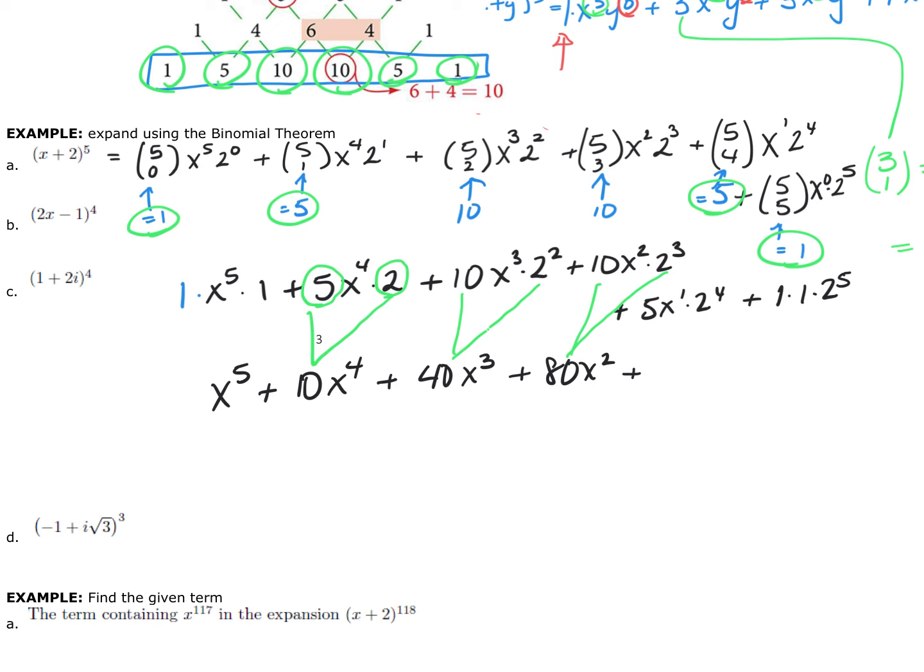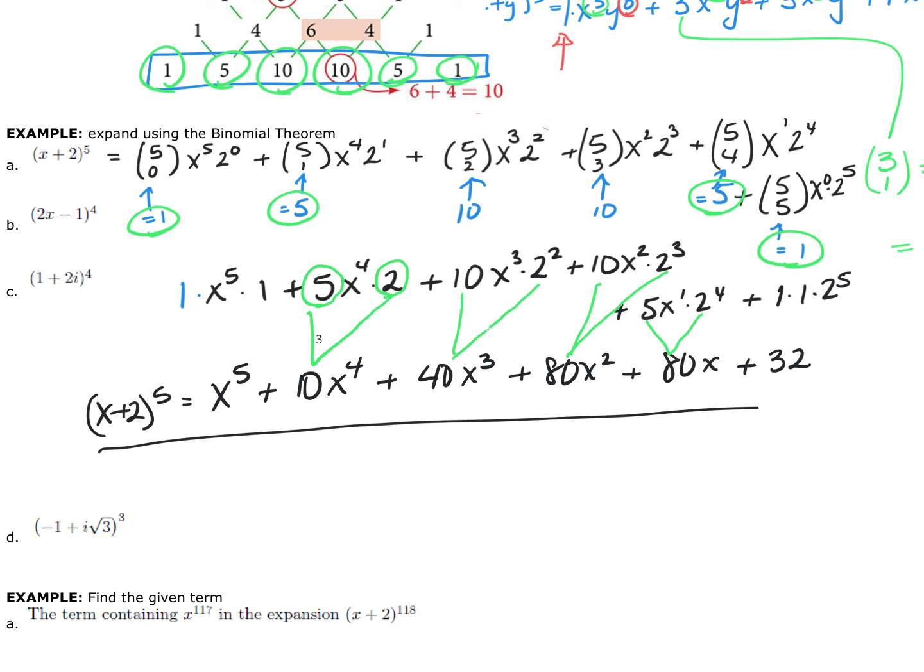So 5 times 16 is, let me check, is again 80x. And that's because I have the 5 multiplied by 2 raised to the 4th power. It gives me 80. And then I'm going to have plus, and then 2 to the 5th is just 32. So x plus 2 raised to the 5th power is equal to this polynomial right here.